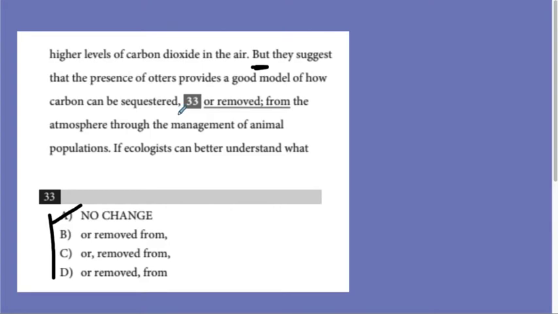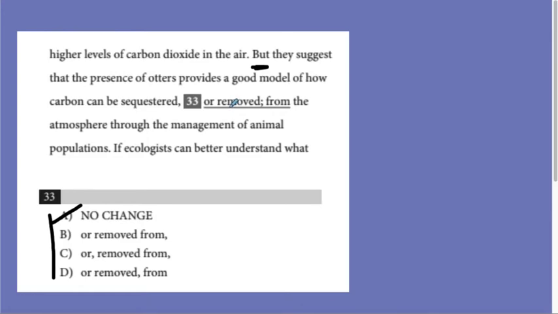Now I know that the sequestered comma is part of it. There's a comma, and afterwards what I have going on is "or removed." So "or removed" is an identifying phrase. It's like an appositive, a descriptive phrase that doesn't include a subject or a verb. Appositives can be taken out and not change the meaning of the sentence.